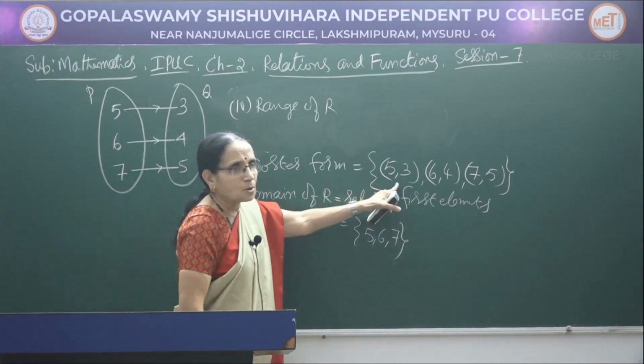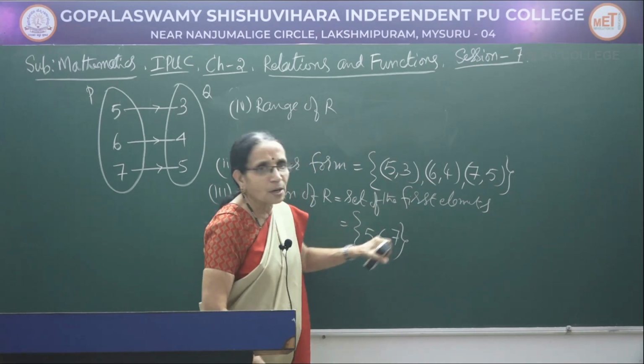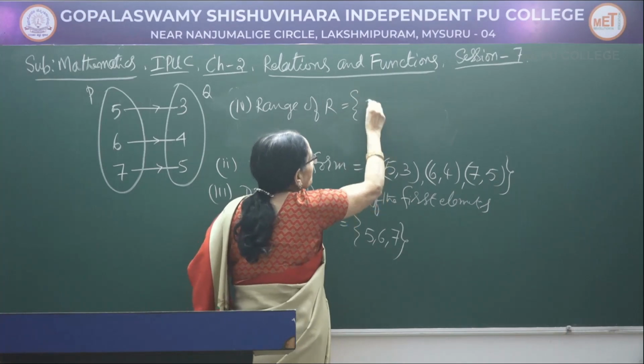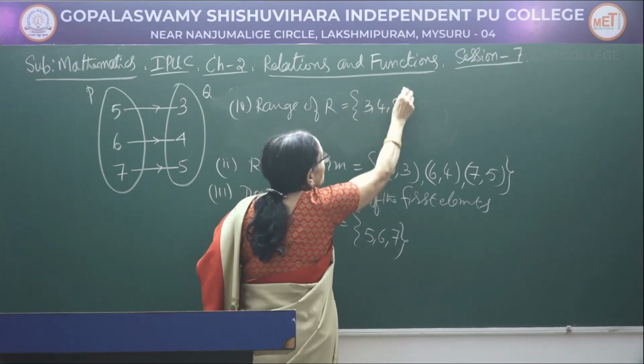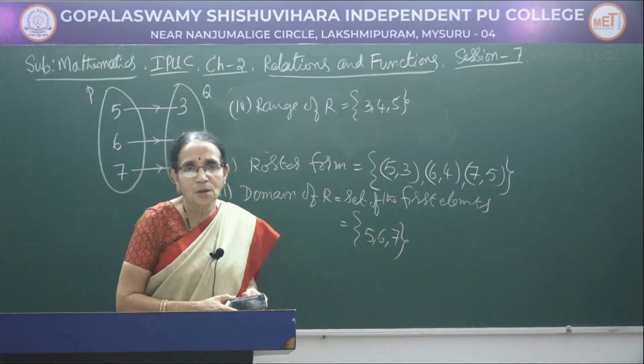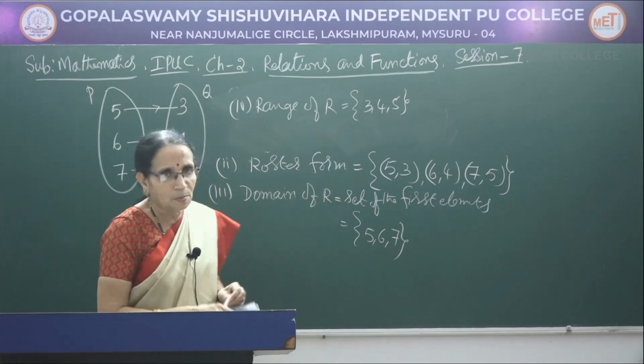Or you can look at the roster form: 5, 6, 7 are the first elements and 3, 4, 5 are the second elements. Therefore, the range is the set of the second elements, which are nothing but 3, 4 and 5. Suppose it is given for a 4-mark question, then each calculation will give you 1 mark.